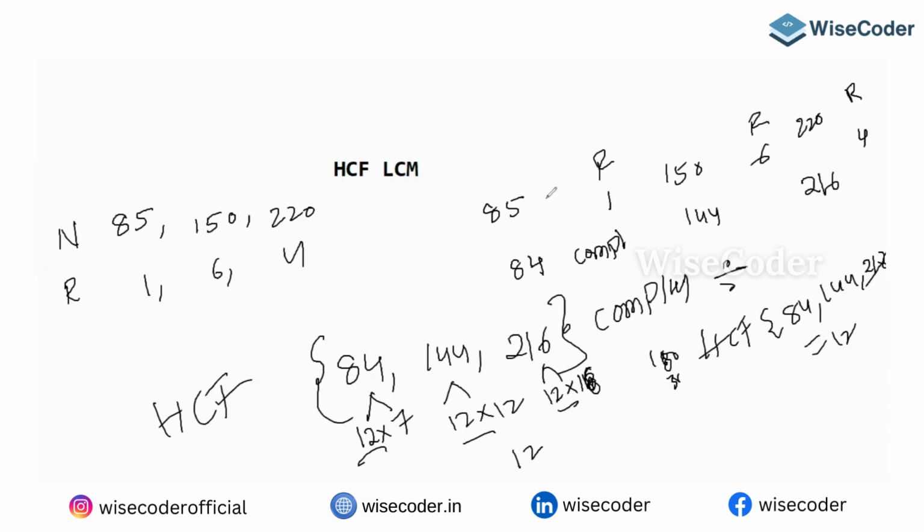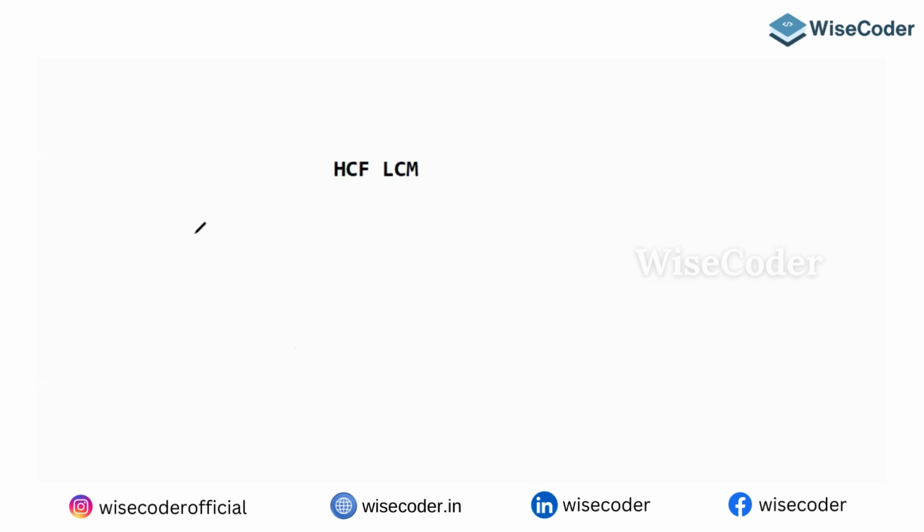Otherwise, generally in a textbookish way, let's say n is a number, n on dividing 85 leaves a remainder of 1.